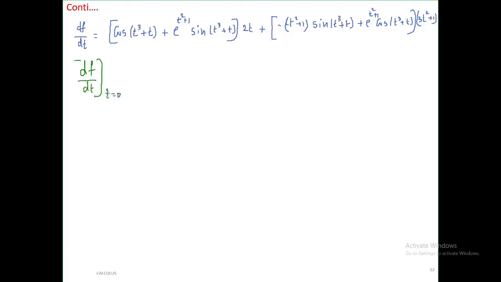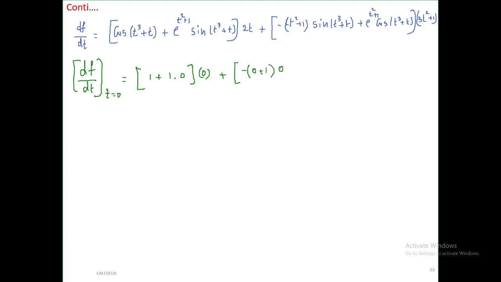Now substitute 0 wherever there is t. Then directly, cos 0 is 1, plus e power 0 is 1, into sin 0 is 0, right? Into outside 2 into 0, 0. Plus, and here minus of 1, 0 plus 1, isn't it?